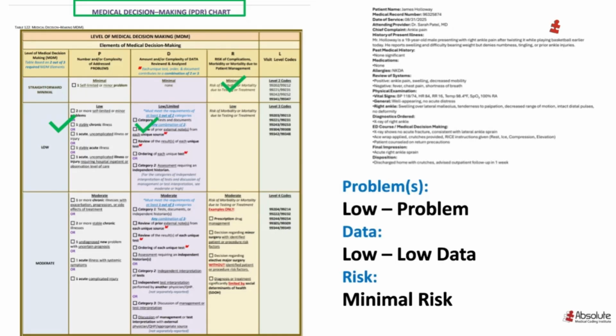So anybody want to level this and tell me what the answer is? Go ahead, type your answers in the chat.